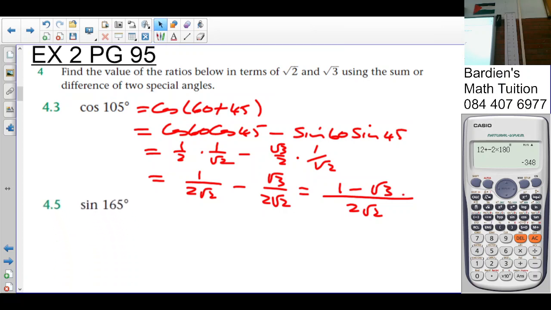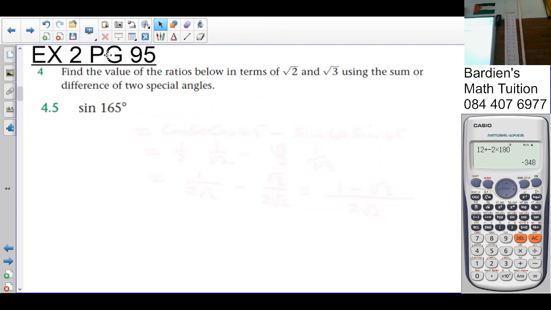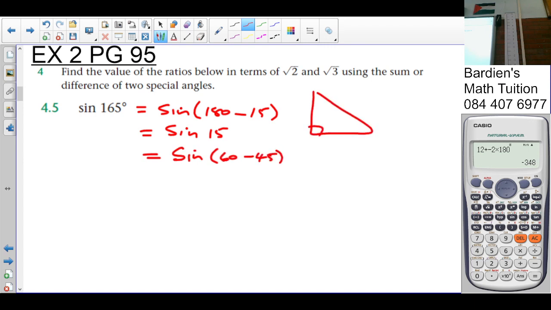The next one, I must first reduce. Alright. Use the reduction formula, so this can be written as sine 180 minus 15. Not so? It's in the second quadrant, sine is positive, so sine 15. Okay? So for the sine expanded, the special angles that could be used are going to be 60 minus 45. The 60 degree triangle is 1, 2, root 3.